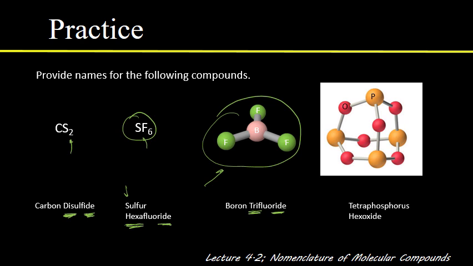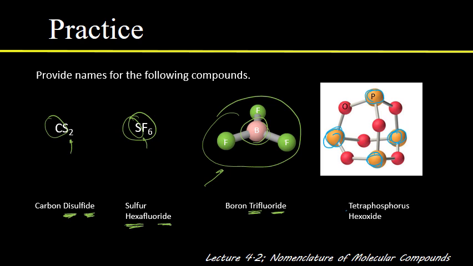And in all of these cases, for the first element, we only had one atom of carbon here, one atom of sulfur here, one atom of bromine here, or boron here. So we didn't need to put mono on the front. But on this last one, instead of having one atom of the more electropositive element, the more electropositive element is phosphorus, and we have 4 of them.